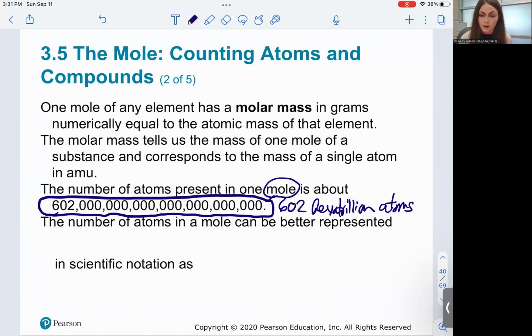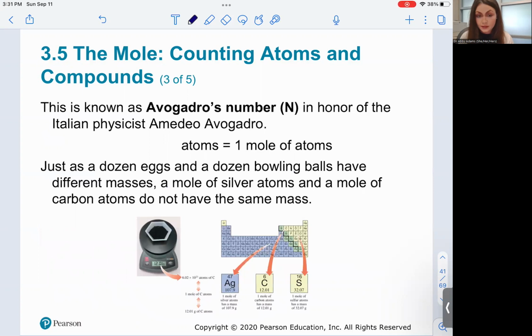The number of atoms in a mole is better represented in scientific notation, because this is a giant number and nobody really wants to use numbers that are so big. You can write that out as 6.02 times 10 to the 23rd. And that number is called Avogadro's number.